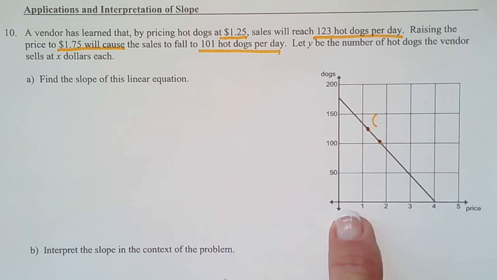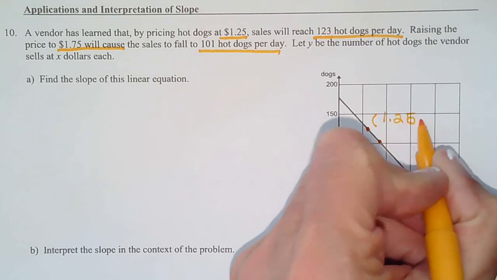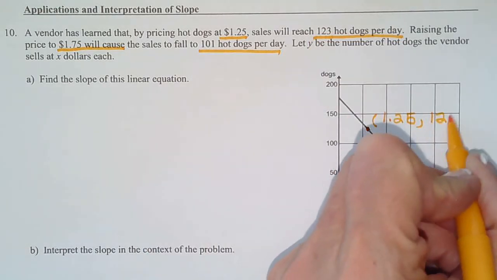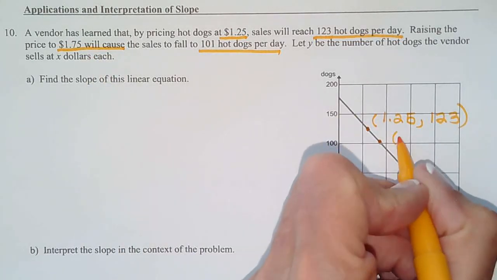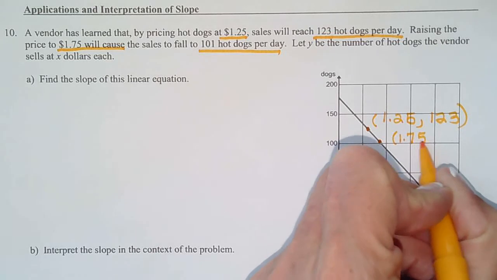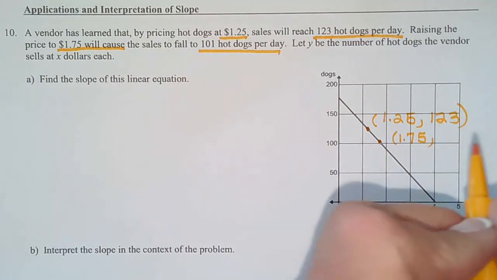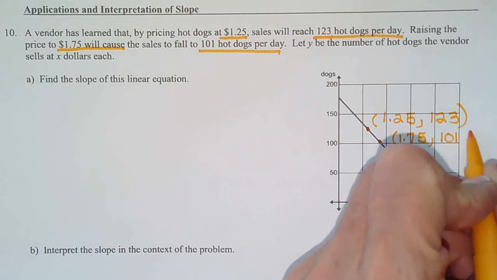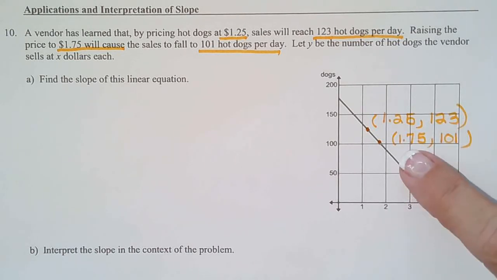The price is X, so $1.25 goes with 123, and $1.75 is my X price, and the number of hot dogs is my Y, 101. So there's my 2 points: $1.25 price, 123 sold; $1.75 price, 101 sold.